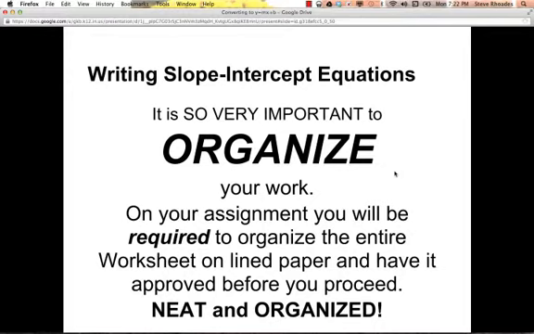So the most important thing you can do to minimize your mistakes is to be neat and organized. When you're doing these problems on the worksheets, make sure you're using lined paper. Do the steps just as I've shown you in this video, and I think you'll find that will eliminate most of your errors.